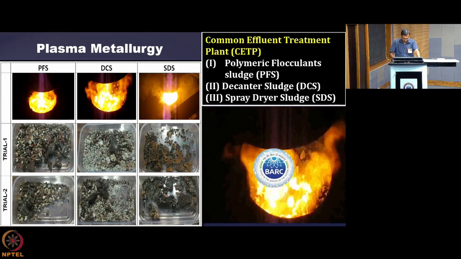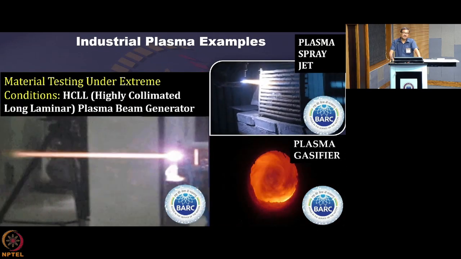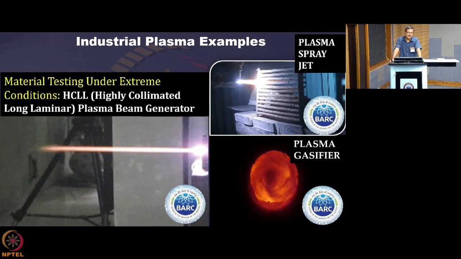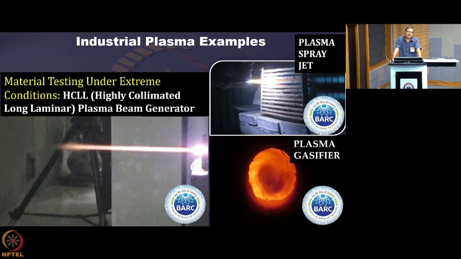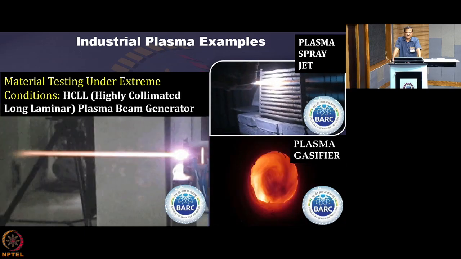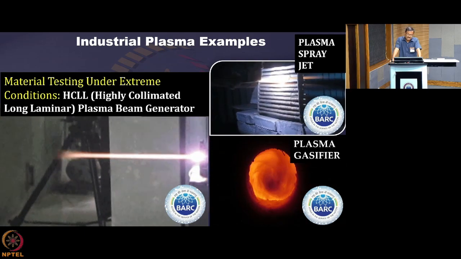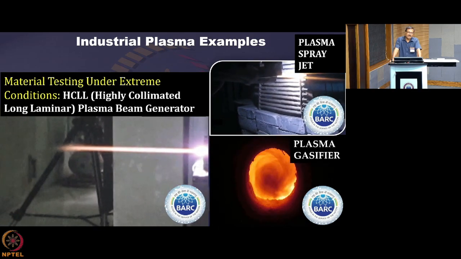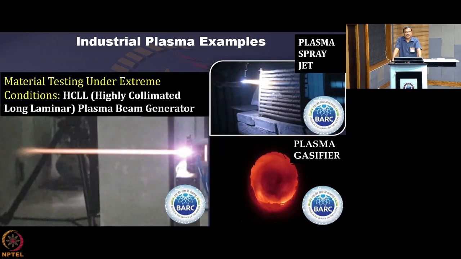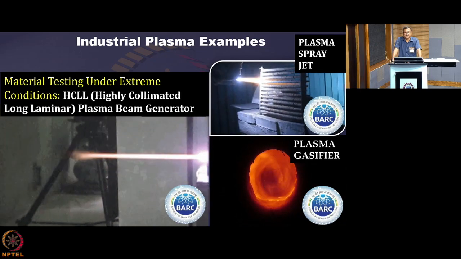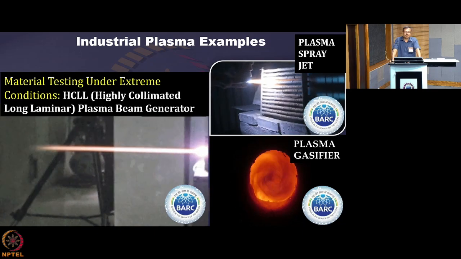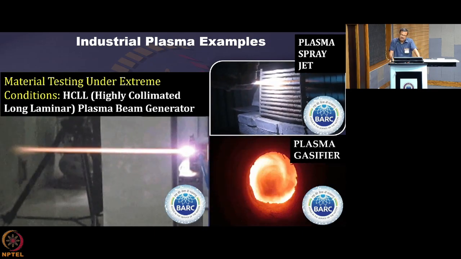This is because plasma has a temperature in excess of 10,000 degrees Kelvin, and that can melt any material very easily. At the same time it can evaporate it also, because the temperature is too high. So before it gets evaporated, the material should impinge on the substrate which you want to coat, and then the job is done.